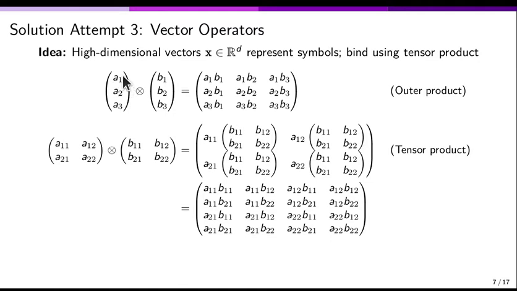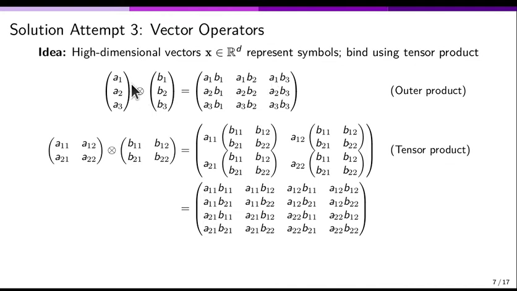And the idea is that I might have a particular vector that means dog, or a particular vector that means blue, and another vector that means square. And then if I wanted to represent blue square, I could do some mathematical operation on those vectors and come up with a representation of blue square.